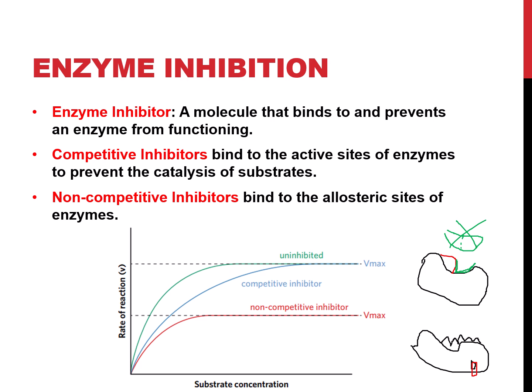So now it looks like this, and again, whatever the substrate is that's trying to come in here, say it was that sort of shape, it no longer can fit. So that is your enzyme inhibition.